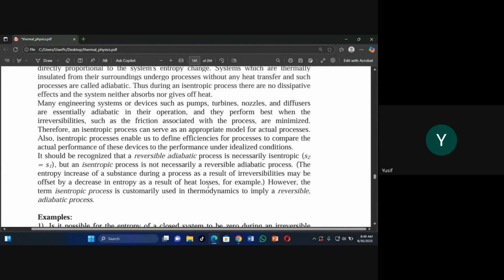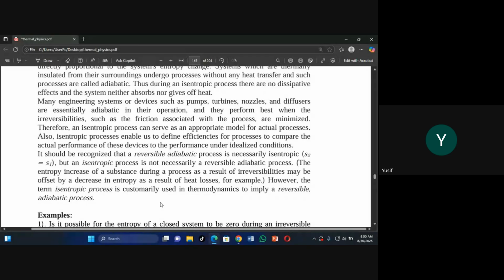So when I'm talking about an isentropic process, because the change of state is always the same, sometimes there is some kind of loss of heat to keep the system constant. However, the term isentropic process is customarily used in thermodynamics to imply a reversible adiabatic process.